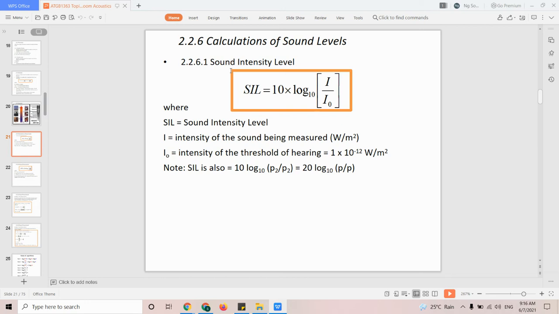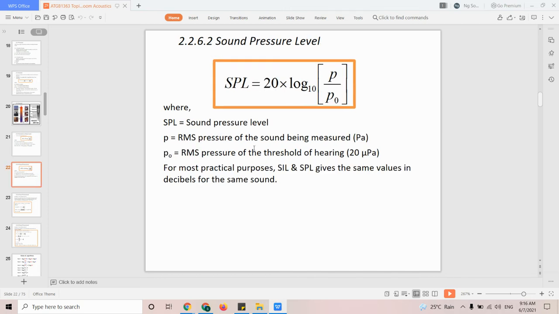So this sound intensity level formula is based off of our threshold of hearing. The formula is made to measure how loud the sound is in relationship to our hearing. And then next we will have our sound pressure level. This is also the same, but this is in terms of our threshold of hearing.